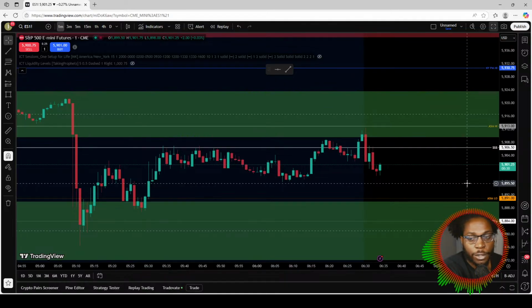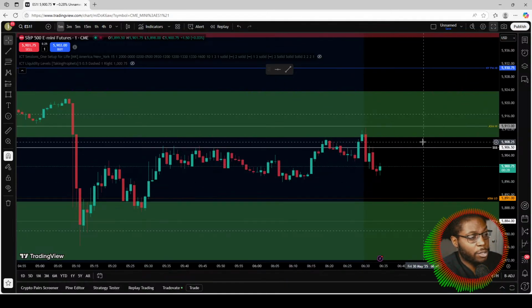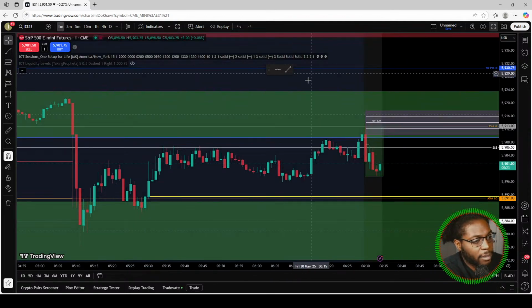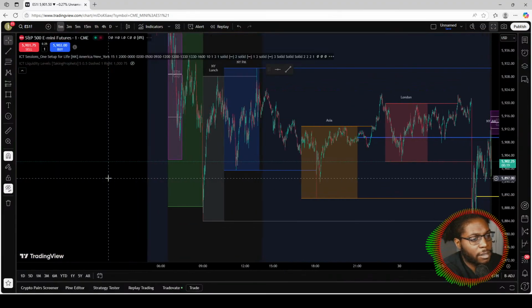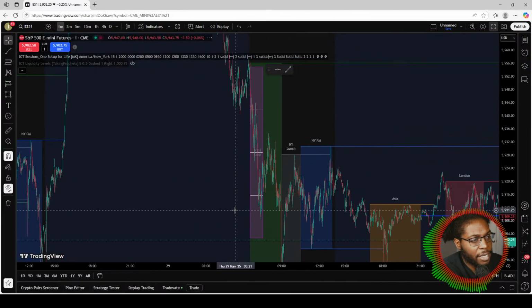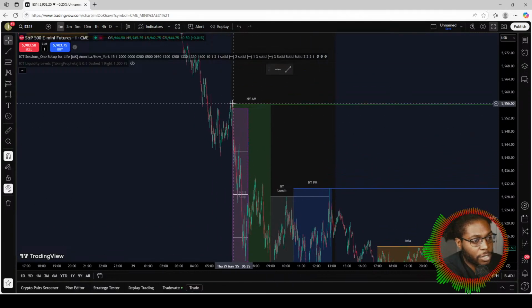Sometimes it'll trade back to that regular trading hours gap. Usually it'll go and fill that gap. So if I go back, you can see it happened the other day. Right here, this was from Thursday, this was yesterday.